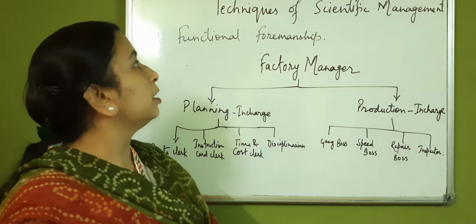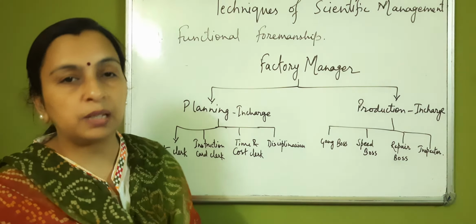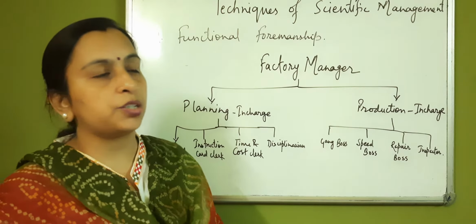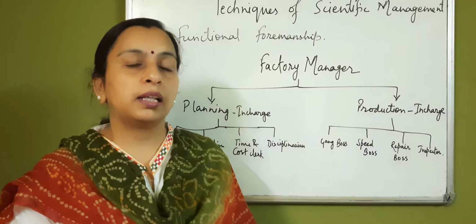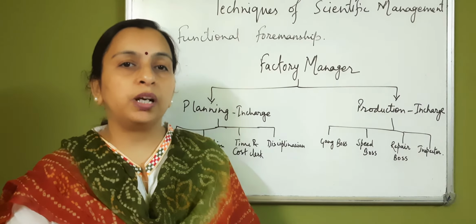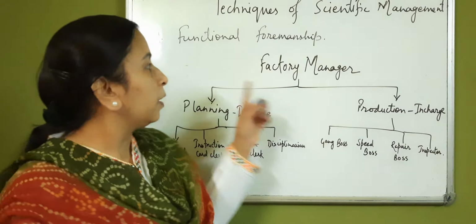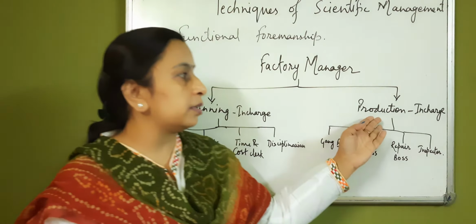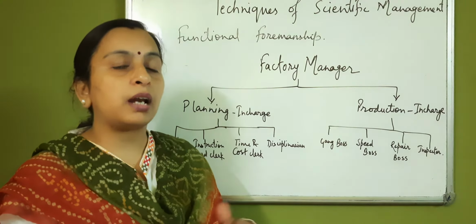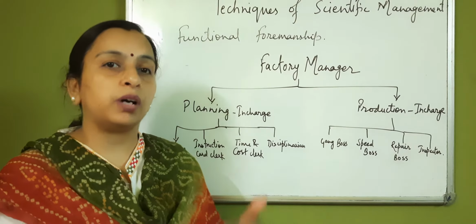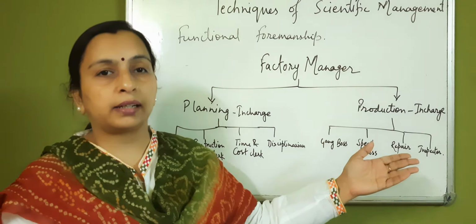So the first technique given by F.W. Taylor is functional foremanship. According to this principle, Taylor suggested that the whole factory should be divided into 2 departments. First is the planning department and second is the production department, so that the workers are not overburdened with the work of planning and other activities.